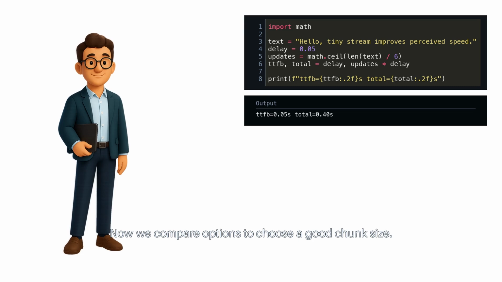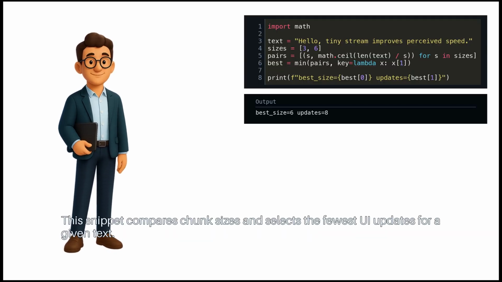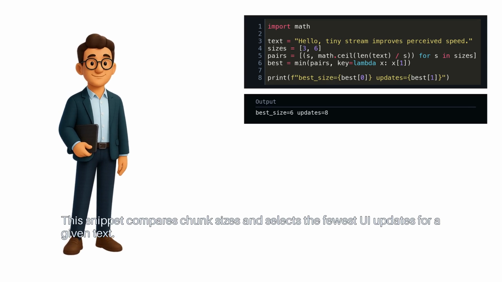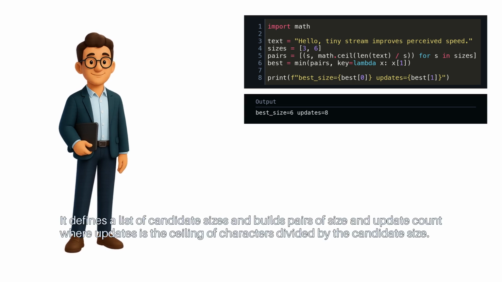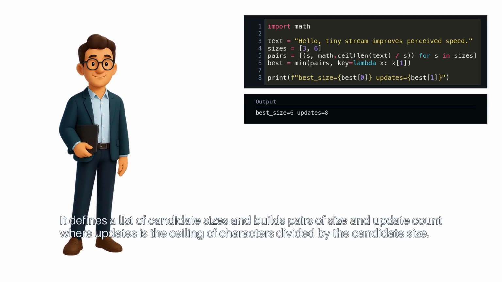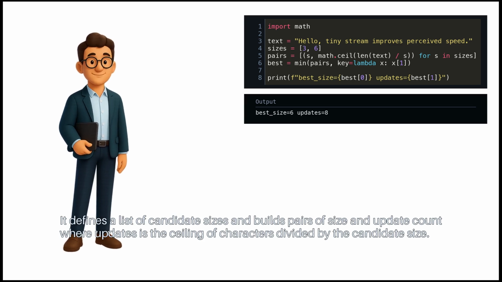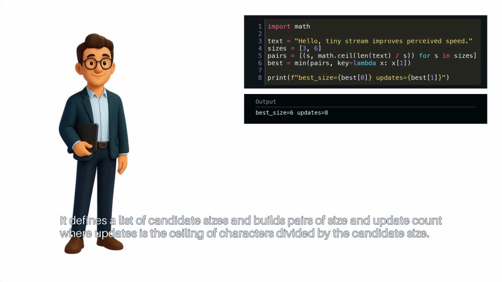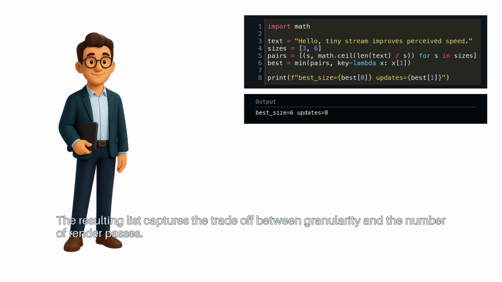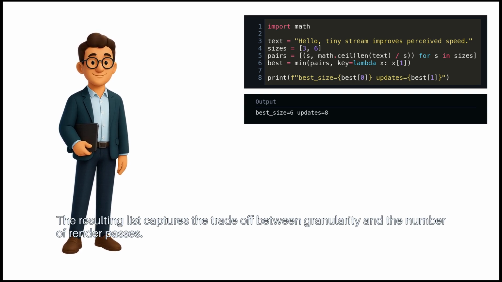Now we compare options to choose a good chunk size. This snippet compares chunk sizes and selects the fewest UI updates for a given text. It defines a list of candidate sizes and builds pairs of size and update count, where updates is the ceiling of characters divided by the candidate size. The resulting list captures the trade-off between granularity and the number of render passes.